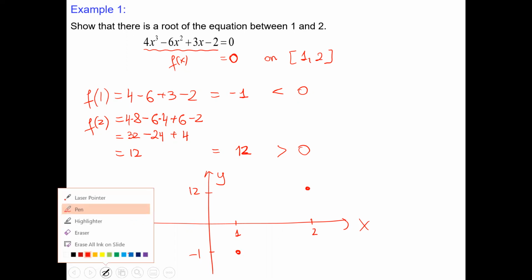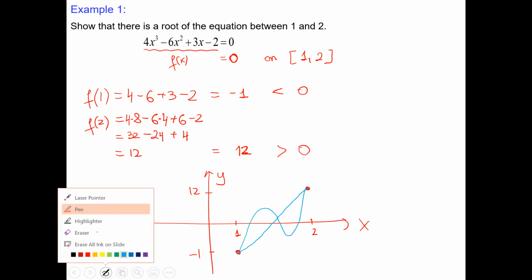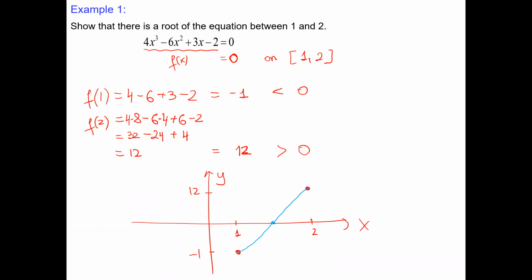And now I don't know what the function looks like, but I know that it will definitely intersect at least once. Maybe twice, maybe even 3 times. We don't know, but that's not the case for this situation.